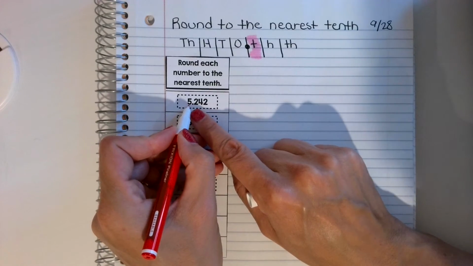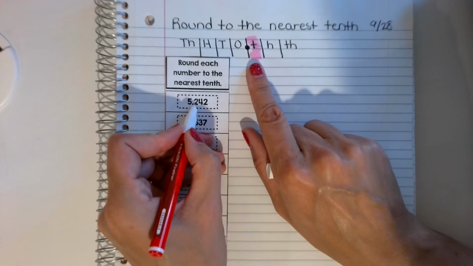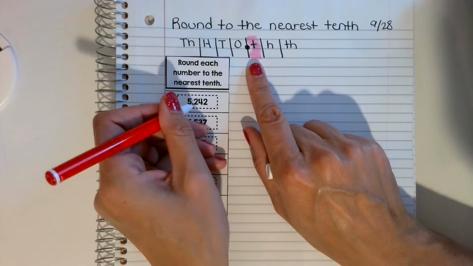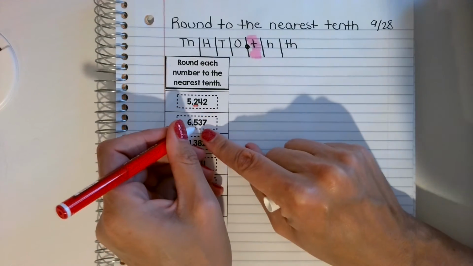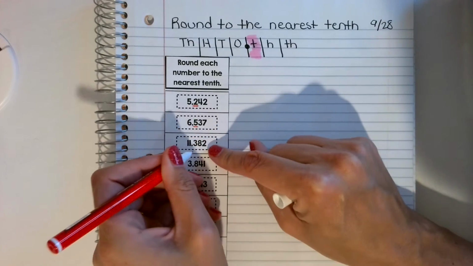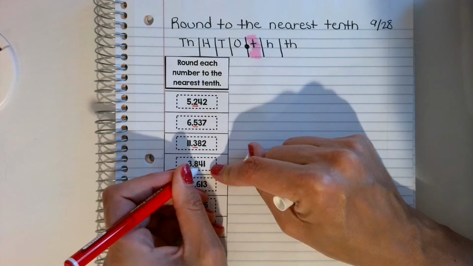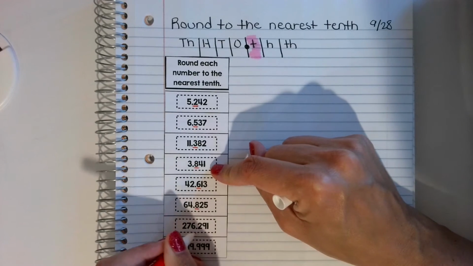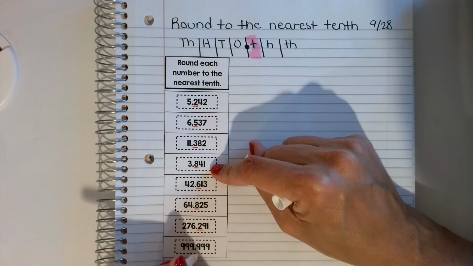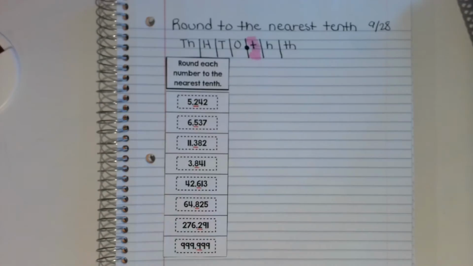This number, the 5, is my ones. So the 2, my next one right after the decimal on the right side, is my tenths. So I'm going to go through and just underline all my tenths. So it's the first place to the right of the decimal. Okay, so that will help me know where they are.